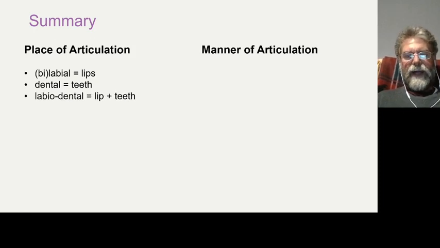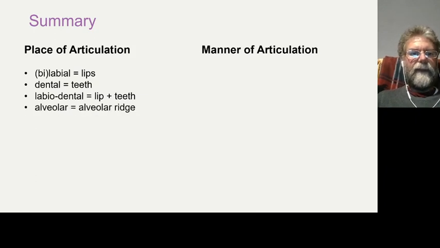Then we also have sounds where you use both the lips and the teeth together. Typically it's your bottom lip and your top teeth to produce what is known as a labiodental sound. So f and v are labiodentals.